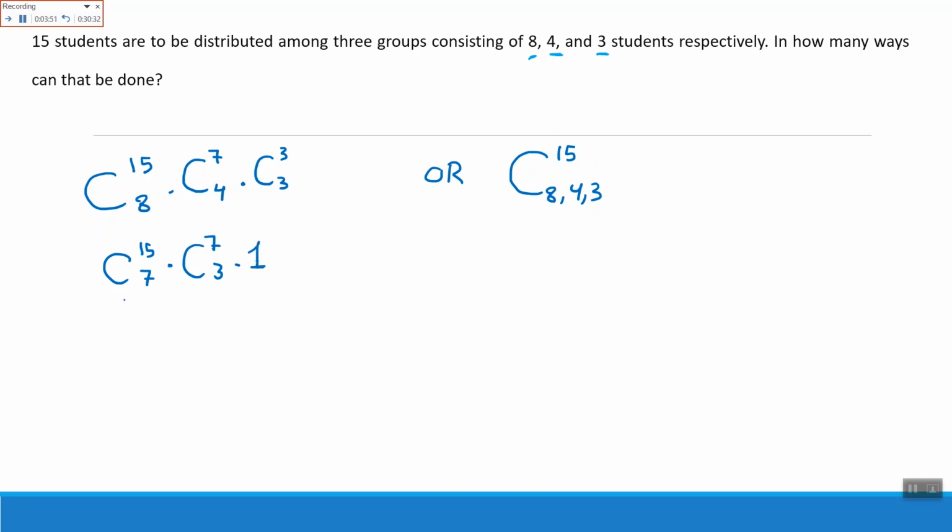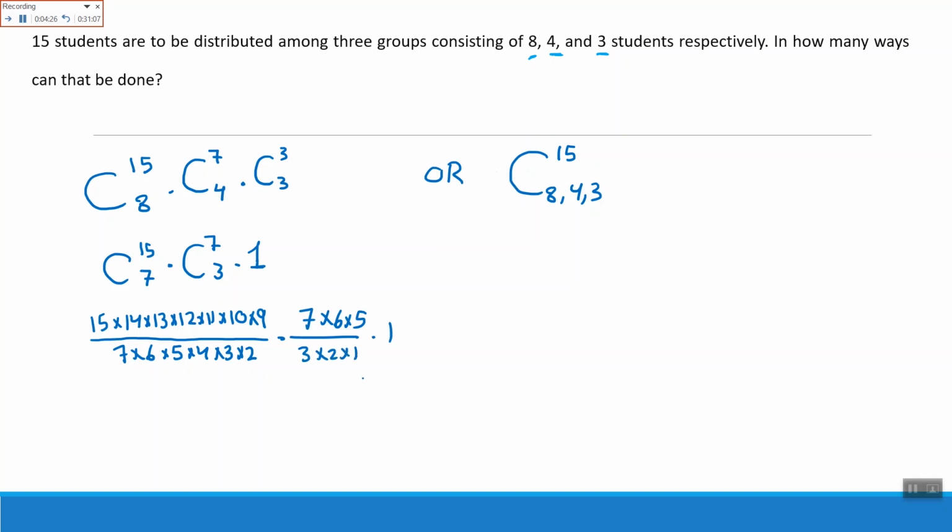So after that, what do you do? This is 15 permutation 7. So it's 15 times 14 times 13 times 12 times 11 times 10 times 9 over 7 factorial, which is 7 times 6 times 5 times 4 times 3 times 2, times 7 times 6 times 5 over 3 times 2 times 1 times 1.